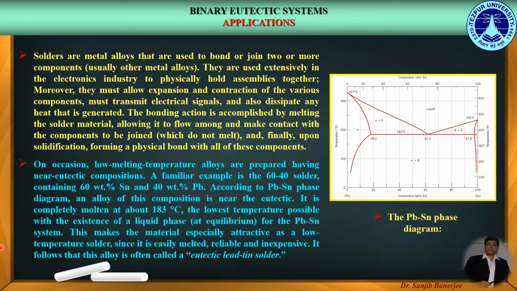Frequently, low melting temperature alloys are prepared having near eutectic compositions. A familiar example is the 60-40 solder, which contains 60 weight% of tin and 40 weight% of lead.